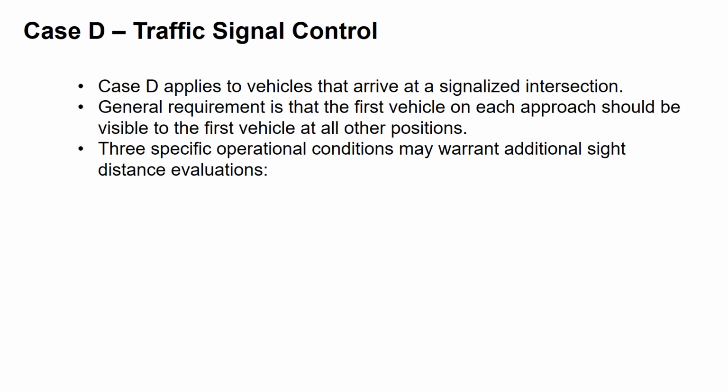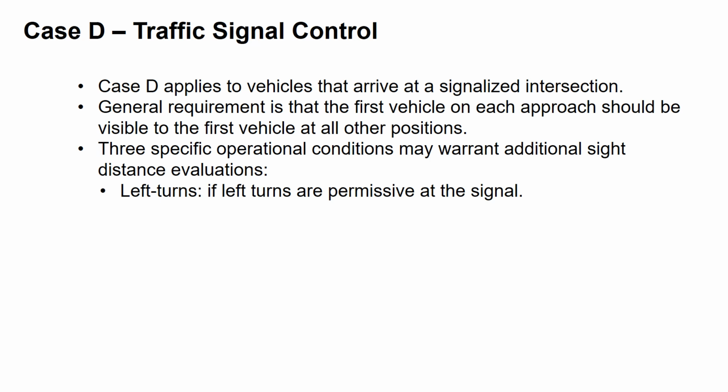There are 3 specific operational conditions that should warrant additional sight distance evaluations. That's if left turns are permissive at the signal. We want to do some evaluation there, and we can apply other techniques within our intersection sight distance process to apply to those left turns to make sure that they can have the appropriate sight distance to safely make that turn.